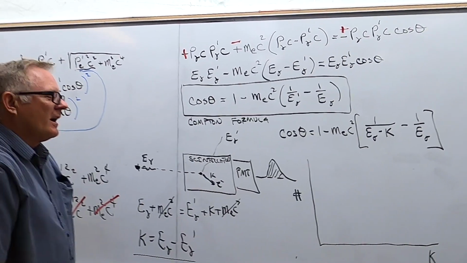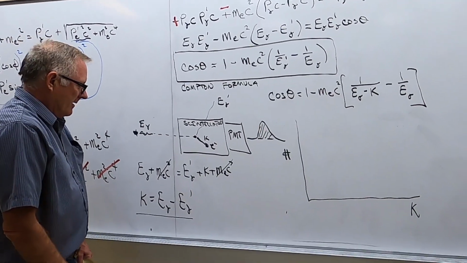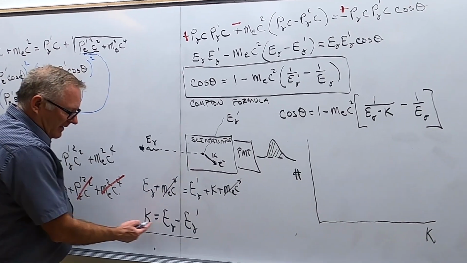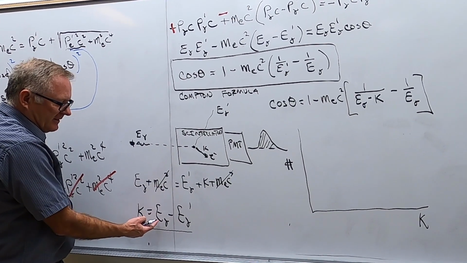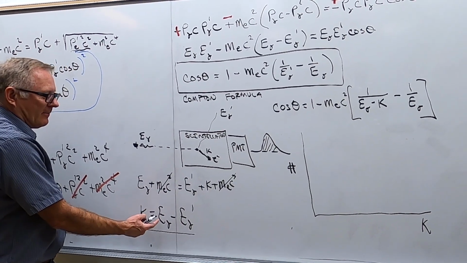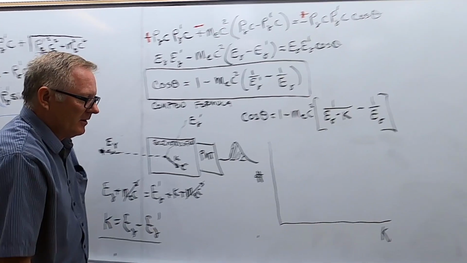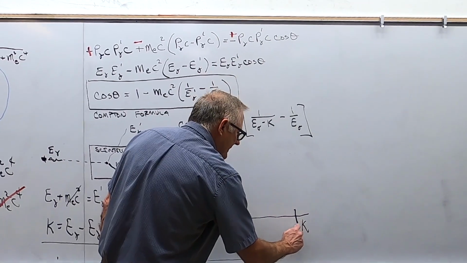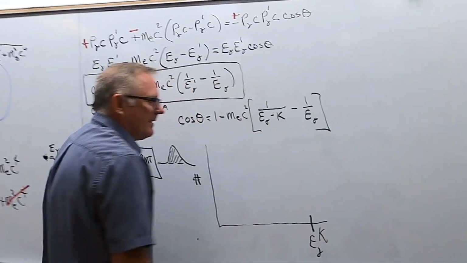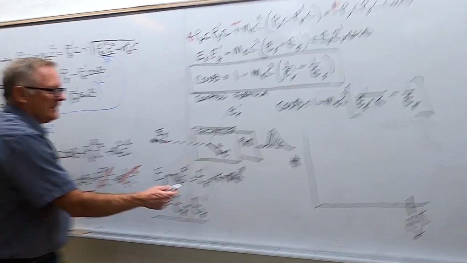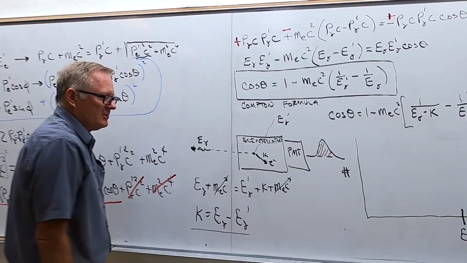Well, we're not going to get any of them at E gamma, because K, from this equation, has got to be less than E gamma. It's E gamma minus some stuff. So if E gamma is right there, the incident energy, none of these electrons will have that much energy.